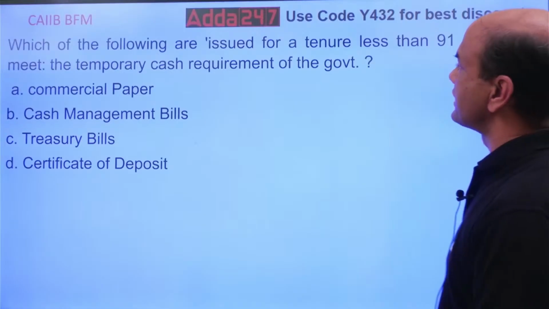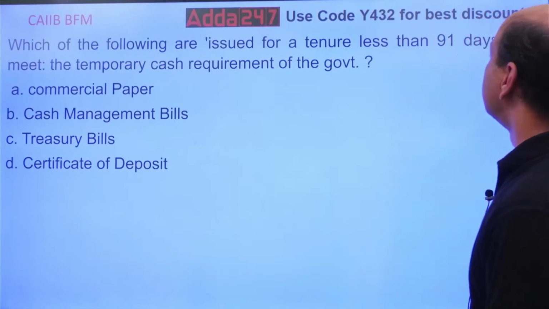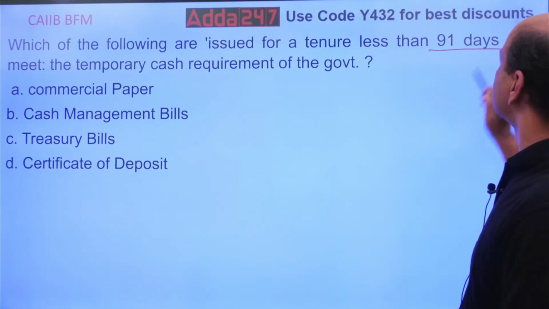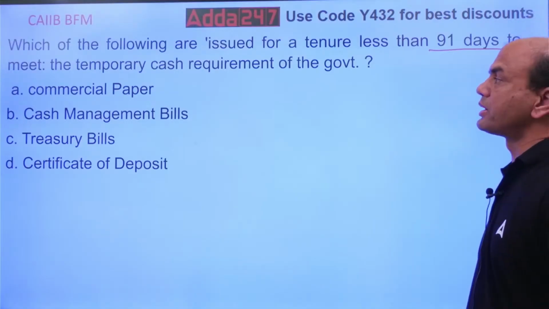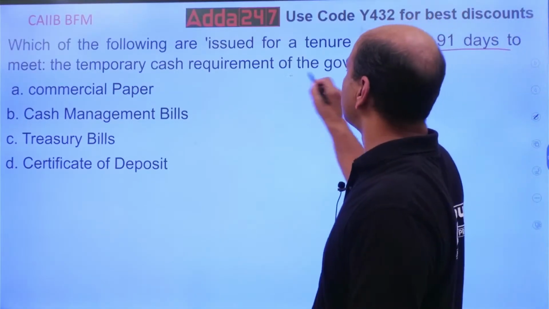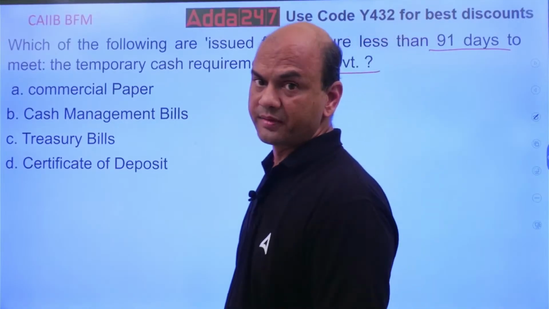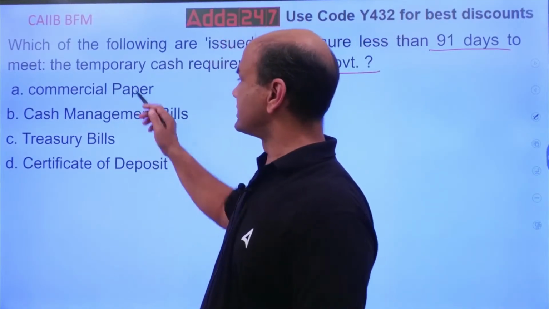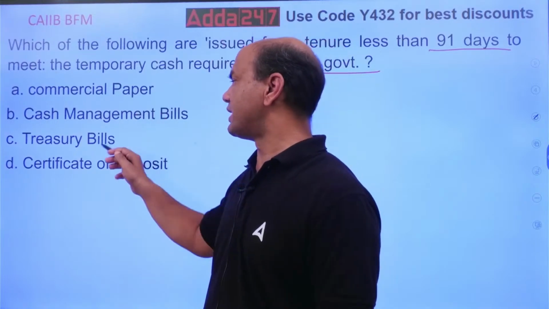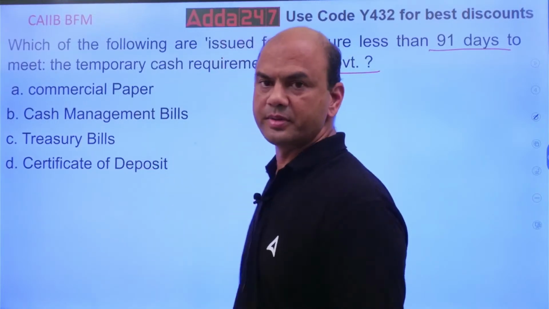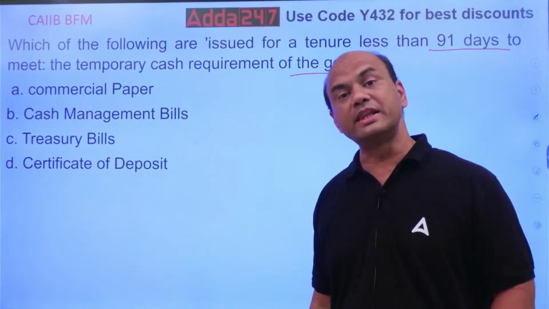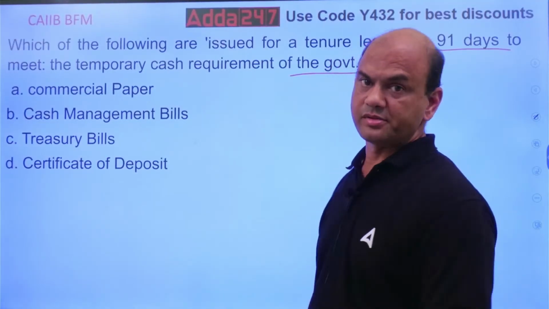Which of the following are issued for a tenure of less than 91 days to meet the temporary cash requirement of the government? Commercial paper, cash management bills, treasury bills, or CDs, certificate of deposit. Which are issued for less than 91 days?